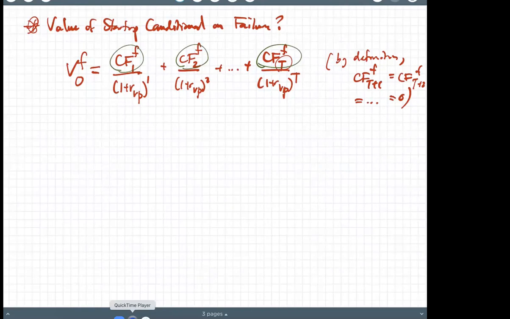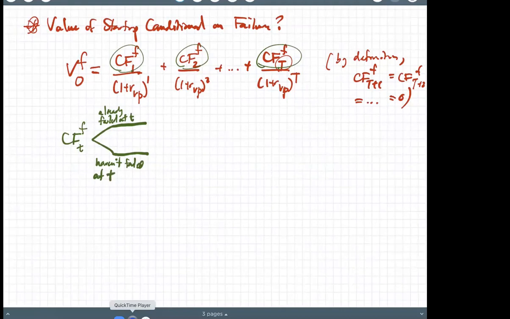Well, it kind of depends. So what is cash flow at time little t, conditional on failure, where t is between 1 and time T? There are 2 scenarios: already failed at time t, and haven't failed at t.